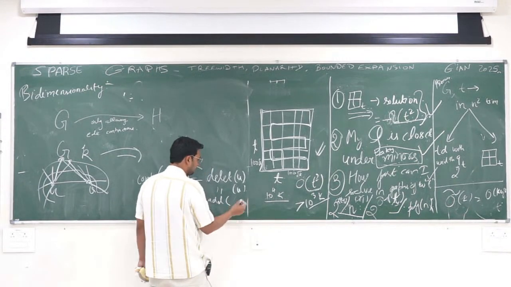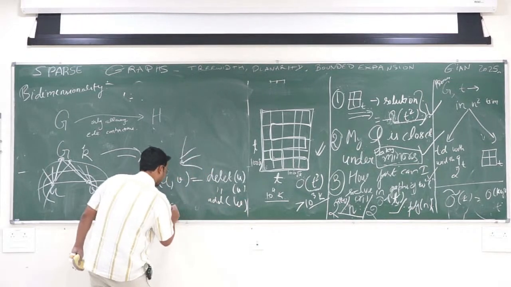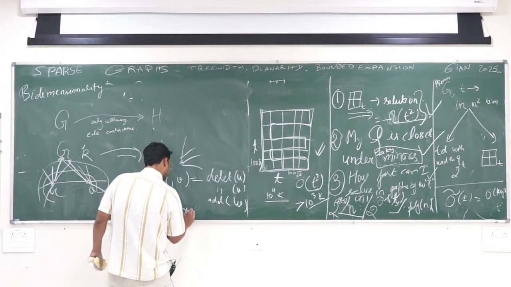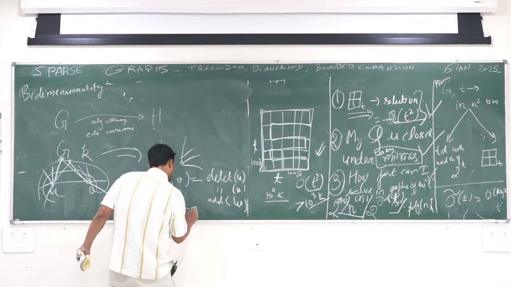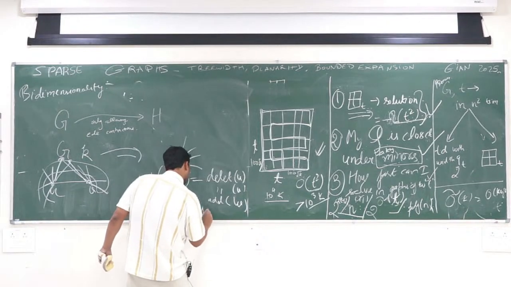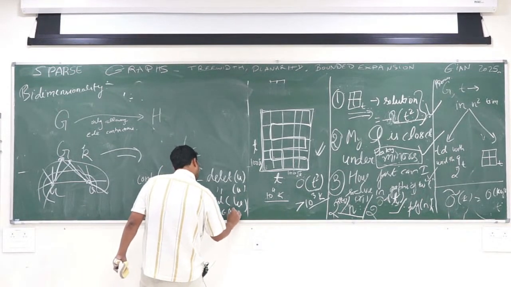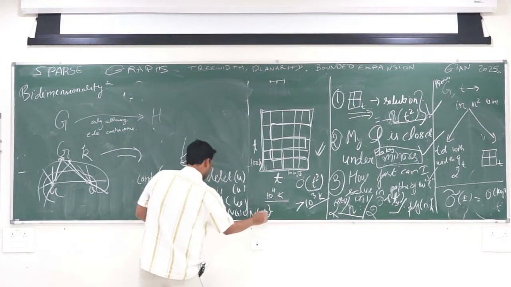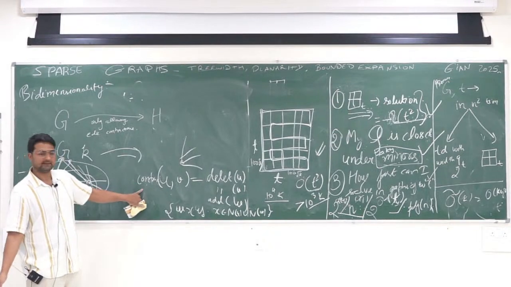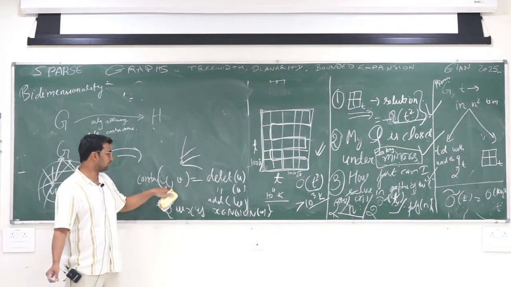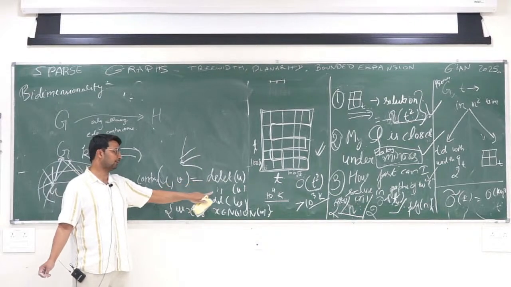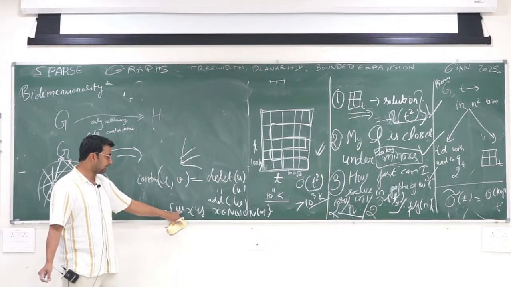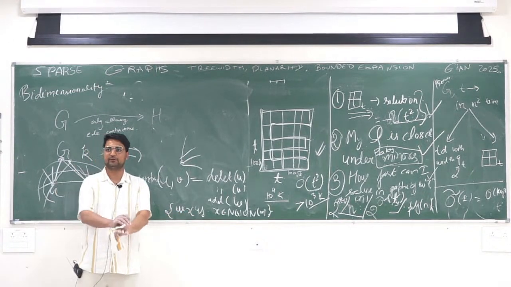Let's call it W for now, and add edges W X if X is in the neighborhood of U or V. So when I contract an edge UV, I delete U from the graph, I delete V from the graph, but I add a vertex W. And I make W adjacent to every vertex which was adjacent to one of them.